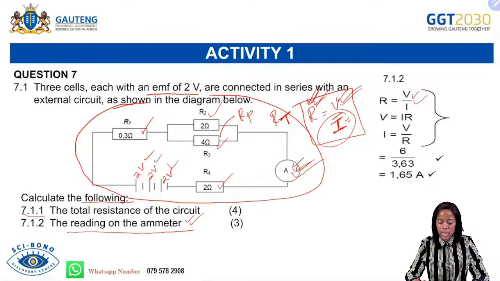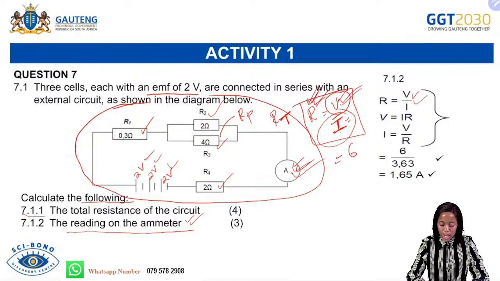We said that firstly, we are going to write the formula as it is from the formula sheet. Then after you write the formula as it is from the formula sheet, you can manipulate the formula if you want to, or else you are going to substitute exactly what you have, without manipulating.